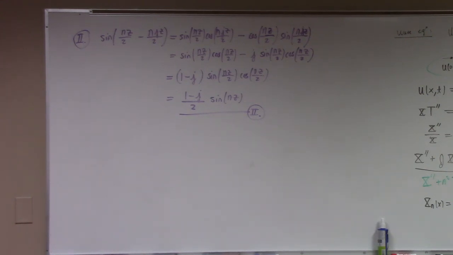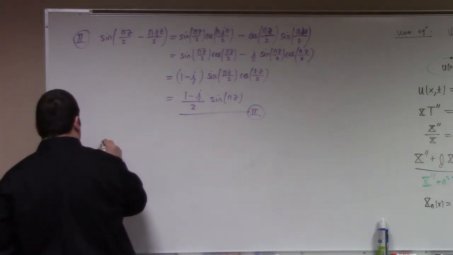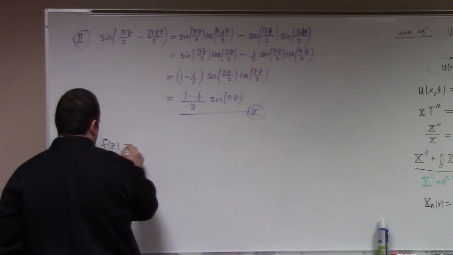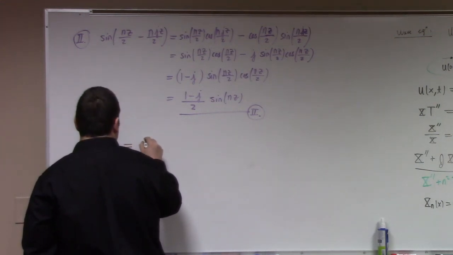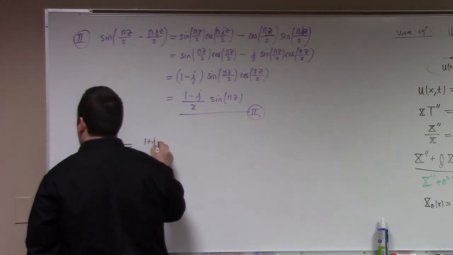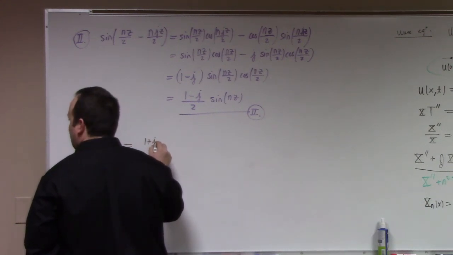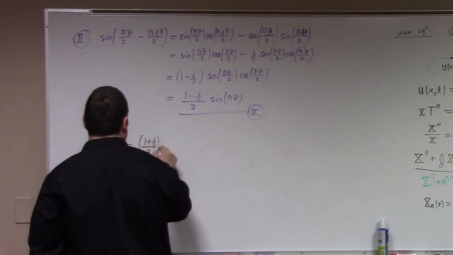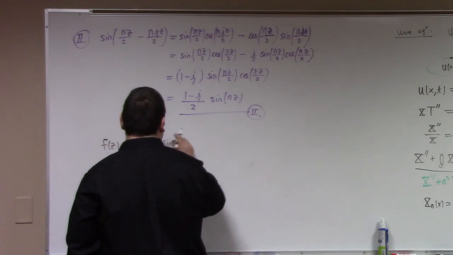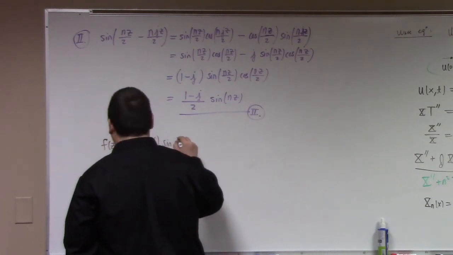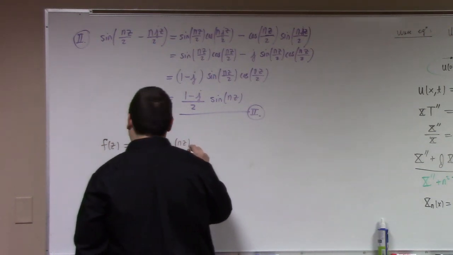So what did we just figure out? We figured out my f of z is actually the same as what? Oh, it's 1 plus j over 2 nz. Oh, that's funny. Oh, man.